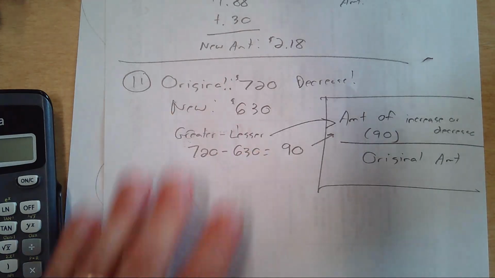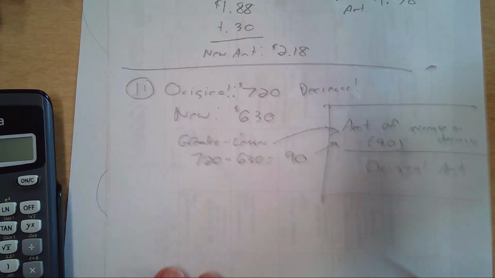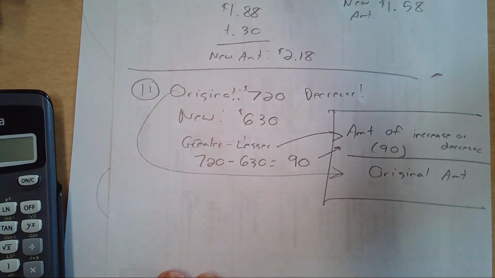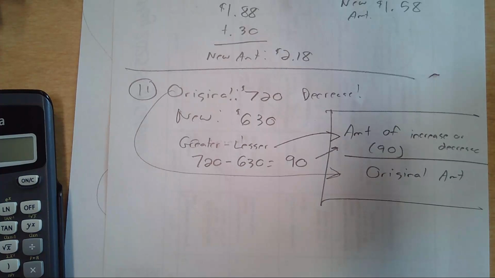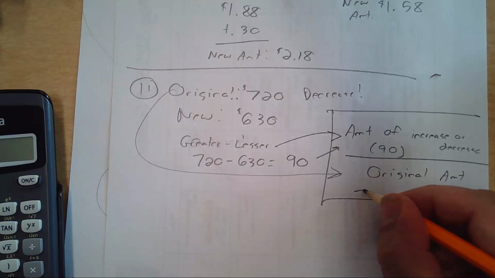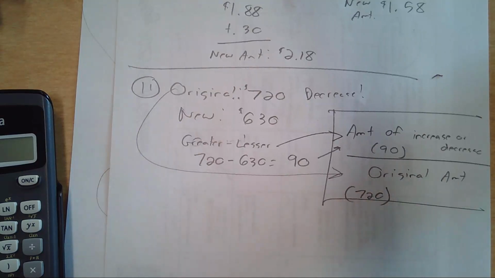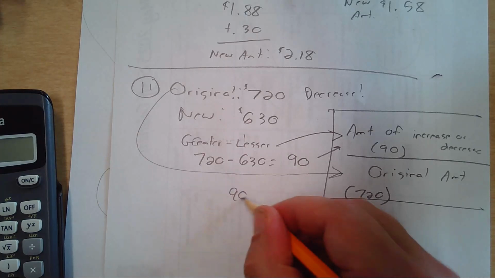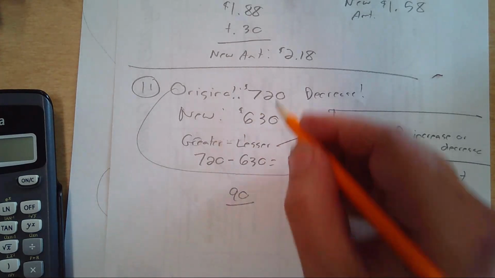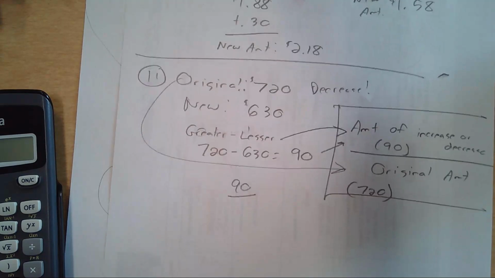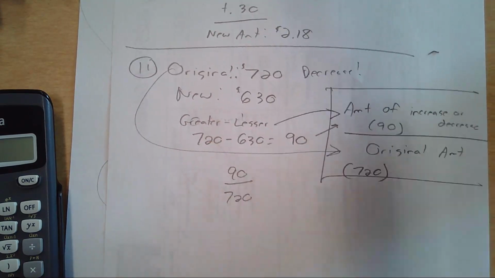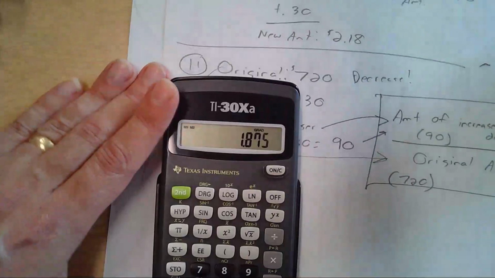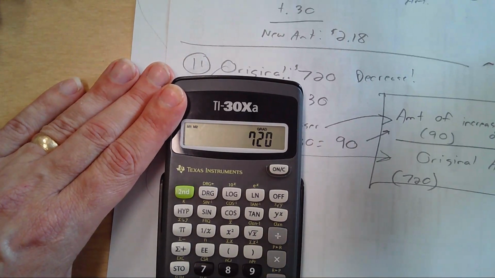And then the original amount is already provided to you. The key is not to plug in the new amount down here. You need to plug in the original amount. Always the original amount. Never, ever the new amount. So that was 720. I've got 90 on top, the difference between these two numbers, a positive number, over the original 720. Go to my calculator: 90 divided by 720.